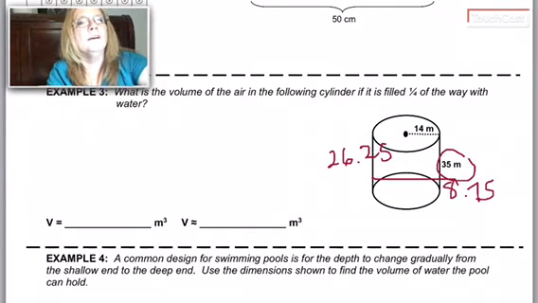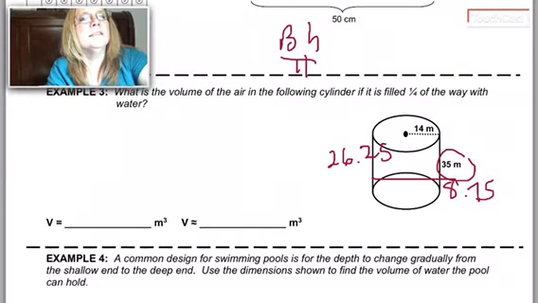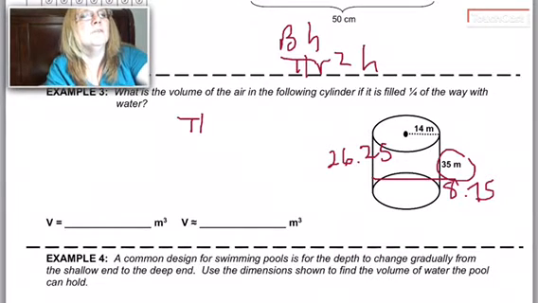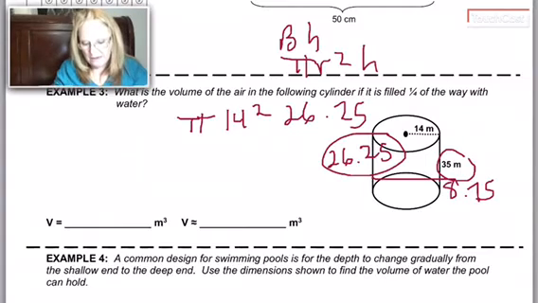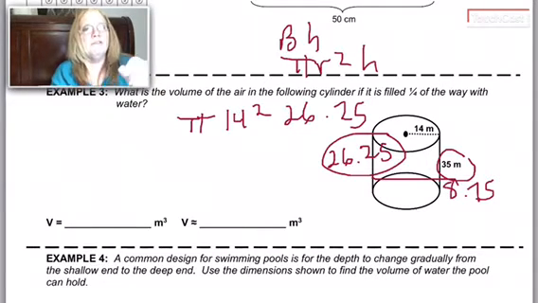So now the formula for its area of the base times the height, but again the base is a circle, so pi r squared times height. So pi times the radius, 14, squared times my height that's going to be with air, 26.25. Just going to put that in my calculator, 26.25 times 14 squared. And that is 5145 pi.